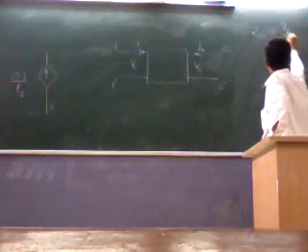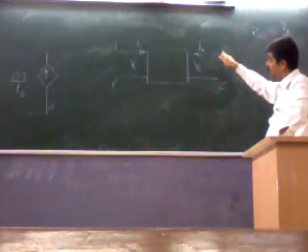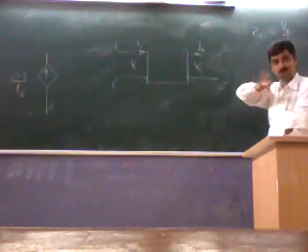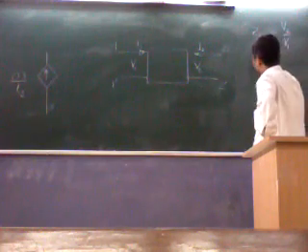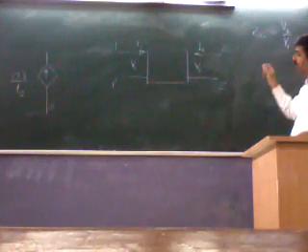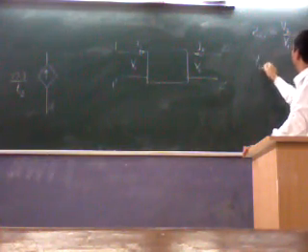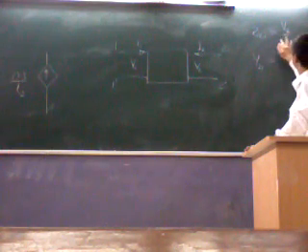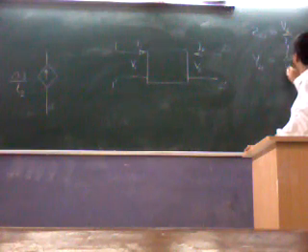V2 upon I1. How exactly, what is to be done here, whether something is also connected here, all those issues we will discuss. Then Y21 is, sorry, it is I2 upon V1.